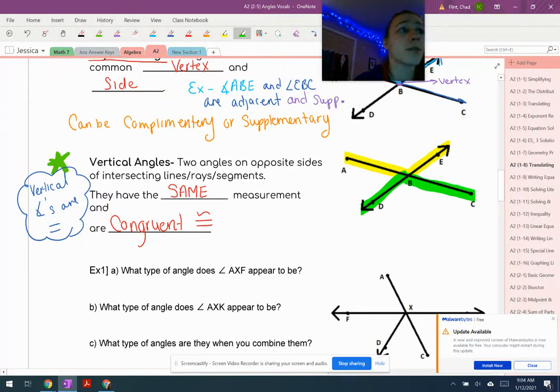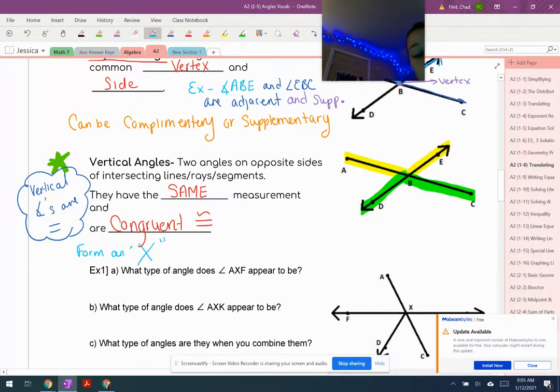Notice how they kind of form an X. They kind of like form an X. So, excuse me, I am sick after all.